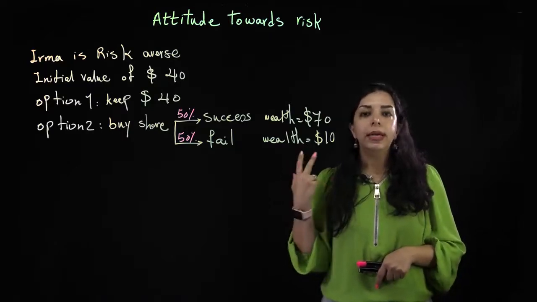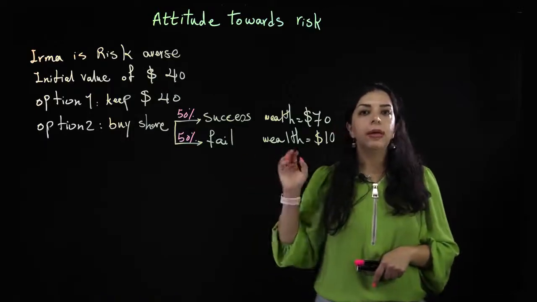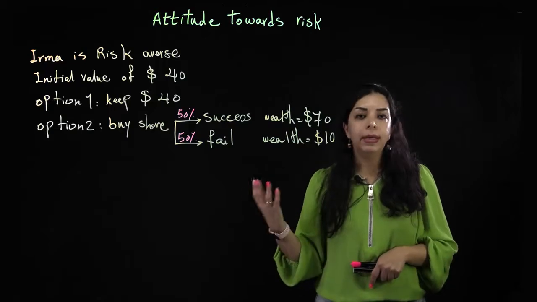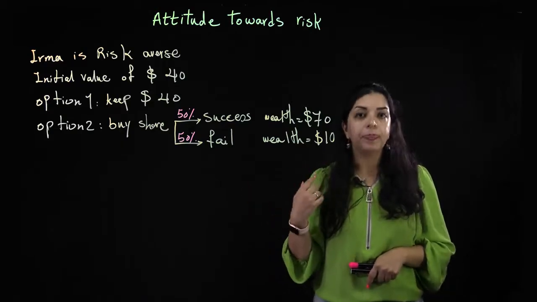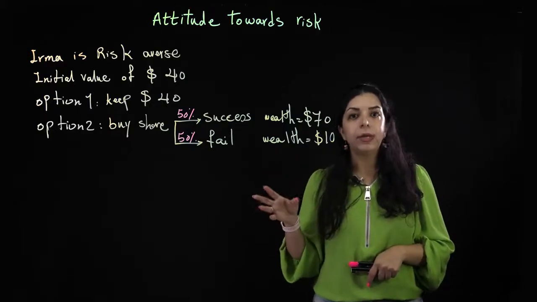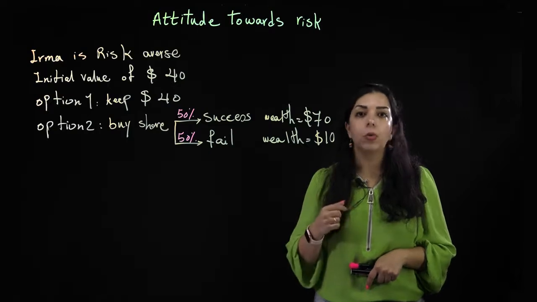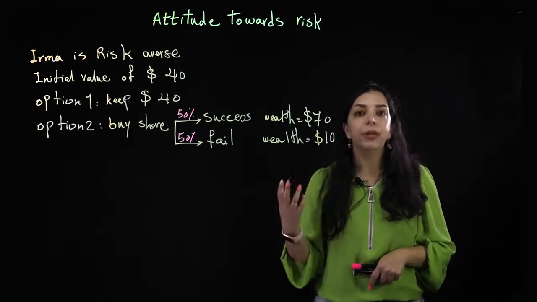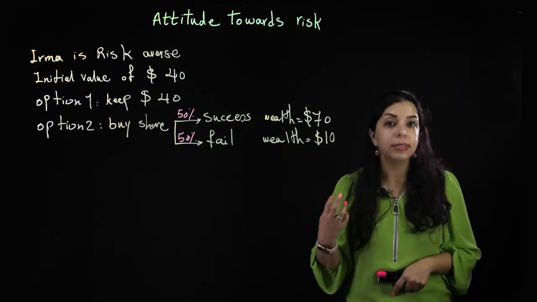So Irma can take two options. In the first option, she can just let the initial wealth be and do nothing with it. So at the end, of course, she's going to have a wealth amount equal to 40 units only. She has a second option: she can invest these 40 units of wealth in the stock market, or buy shares. Once she buys the shares, she's bringing in some risk.